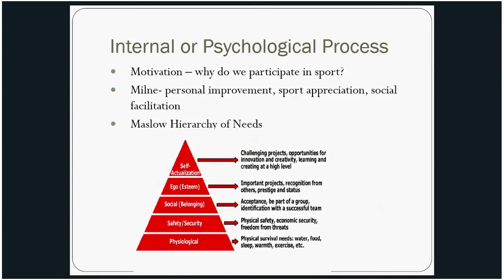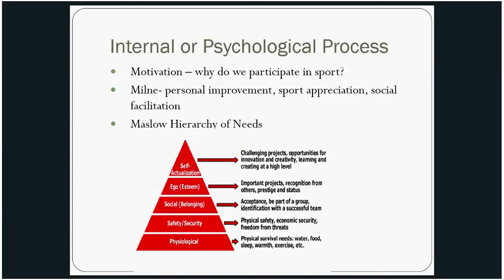Or do we play a sport or watch a sport because we love running or love the feeling of gliding across ice? So we're ice skating. Why are we playing basketball? Is it to stay in shape? Is it to be with our friends? Is it because we want to get better at it? Is it because we want to compete at a very high level? So we look at Milne.